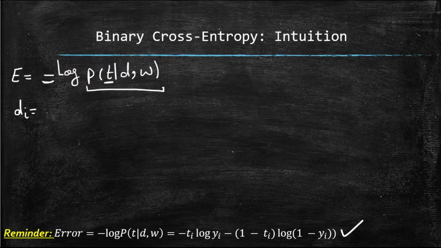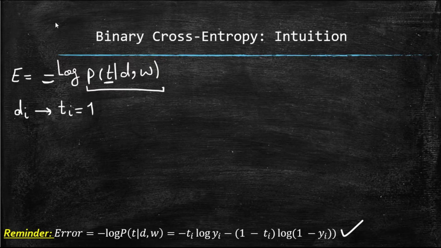You have this input, and you know that the ground truth for this input is 1. Okay, you know that this input actually belongs to the positive class. But anyways, you're gonna give it to your network, and your network is gonna make a prediction and spit out the prediction. Okay, which would be y sub I because it's a positive class.